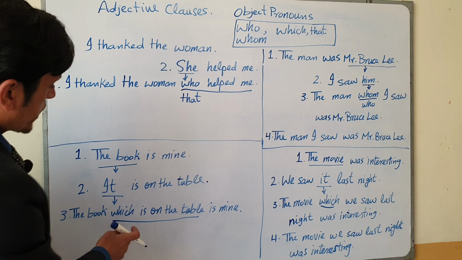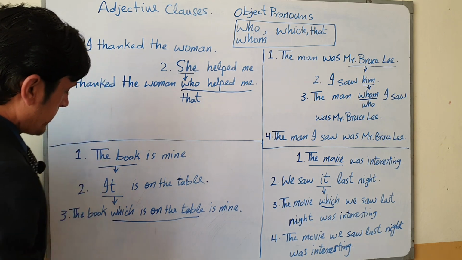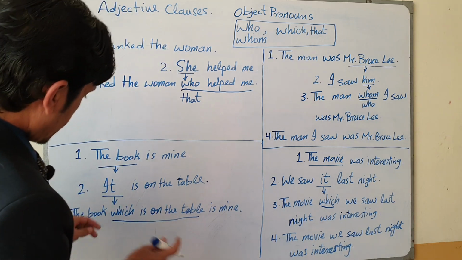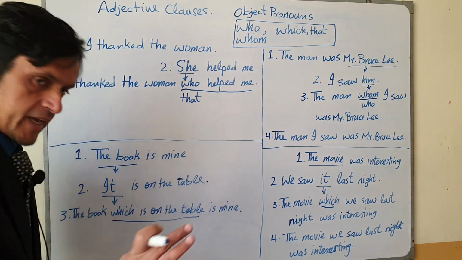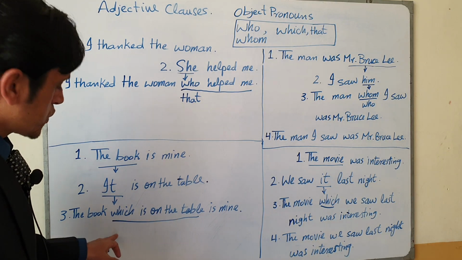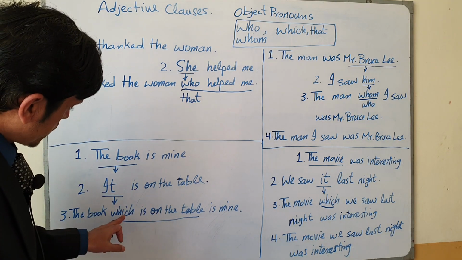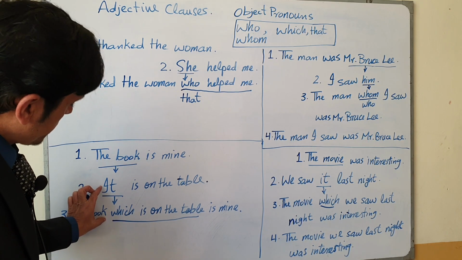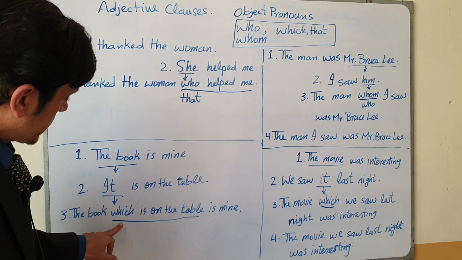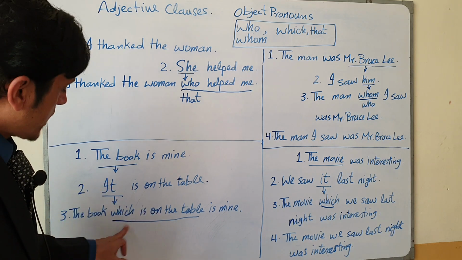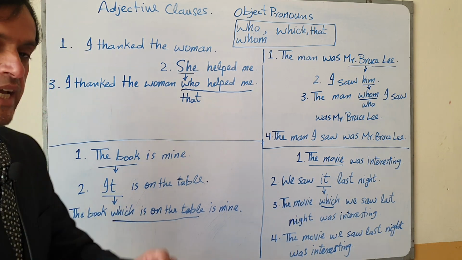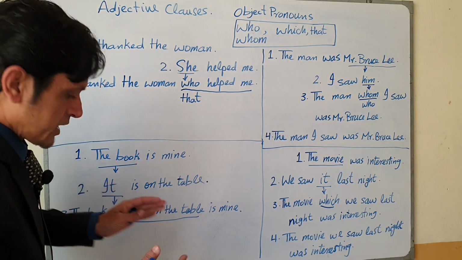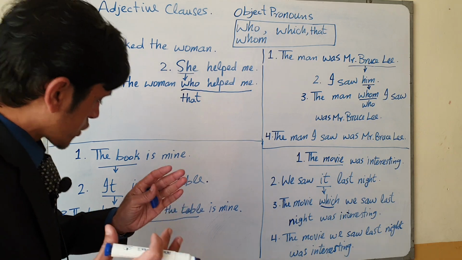So we can make the book which is on the table is mine. And here we can also reduce this one, because when we use pronoun, okay, and which is used for the things, even though it is in subjective case, we can omit this one, and we can also omit this verb, and we can make this a short structure.